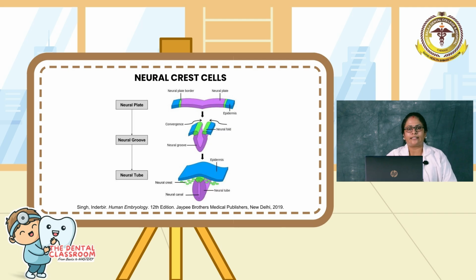These cells separate from the neural tube and migrate, and these cells are called the neural crest cells, and they migrate to different parts of the embryo and give rise to different structures. So in summary, the neural crest cells are formed from the borders of the neural plate during closure of the neural tube, and they migrate to different regions where they play a major role in the development of face.